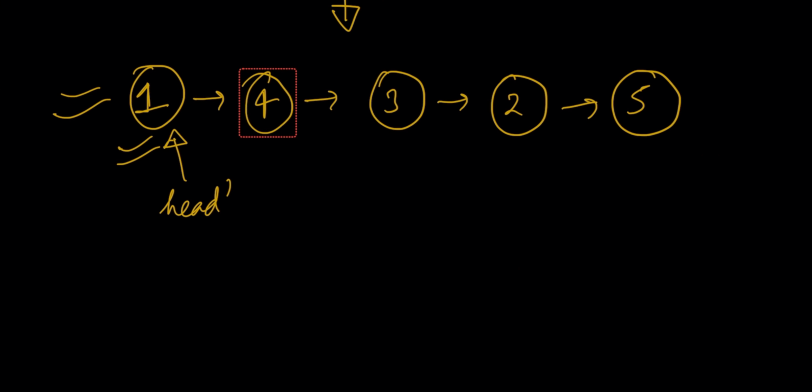The first clarifying question you can ask is, can the linked list have duplicates? The answer is yes, the linked list can have duplicates, because it won't affect the problem, since the left and right integers are just indexes here, and this is one-based indexing.